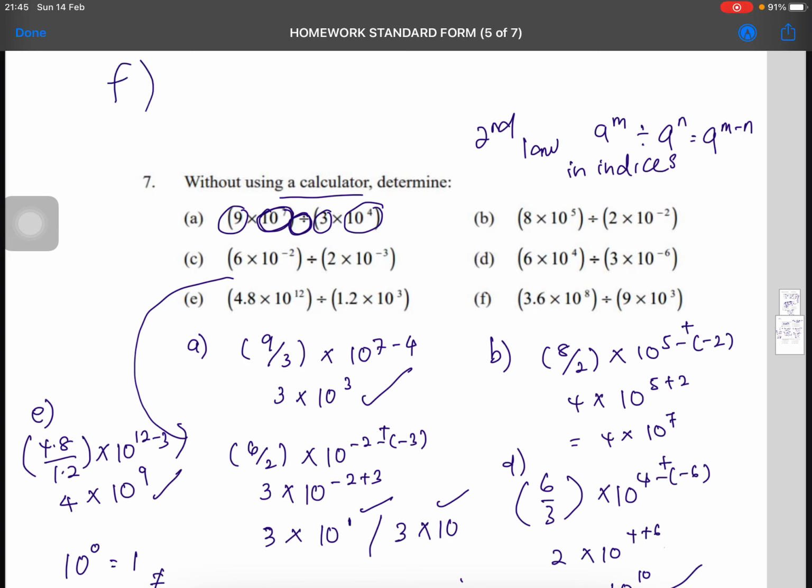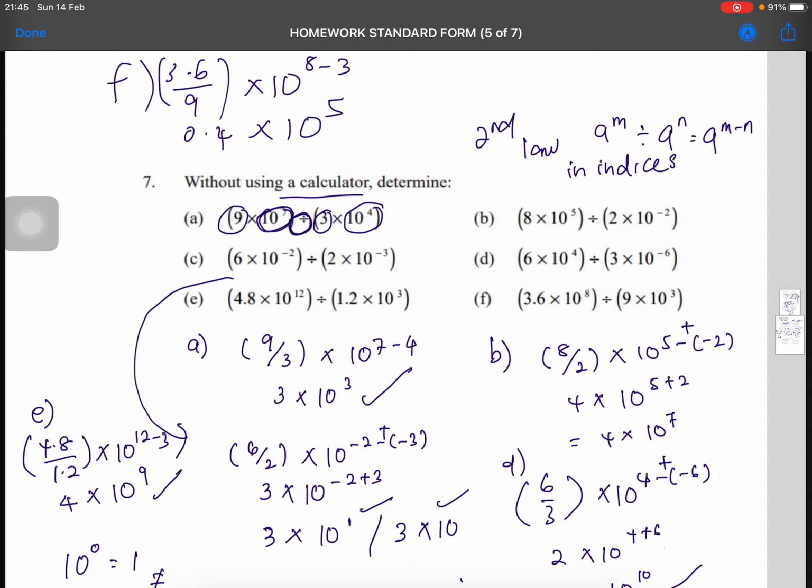3.6 over 9 times 10 to the power of 8 minus 3. Okay, 3.6 over 9, we get 0.4 times 10 to the power of 5.